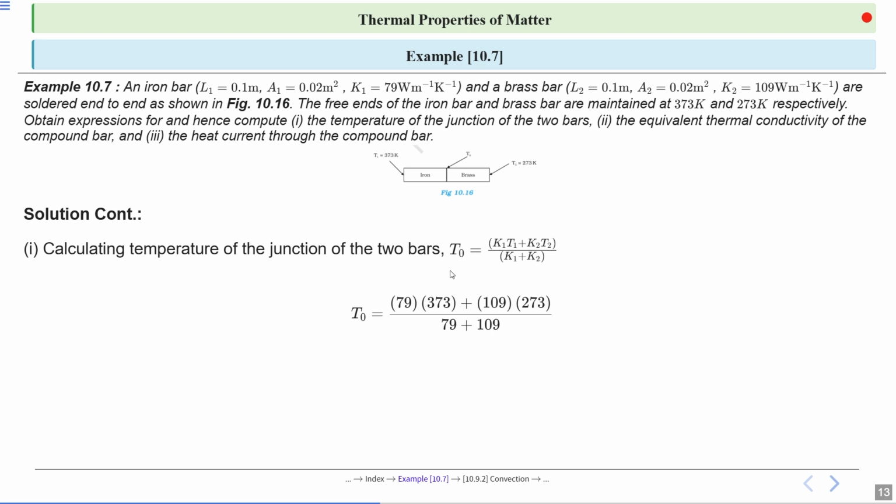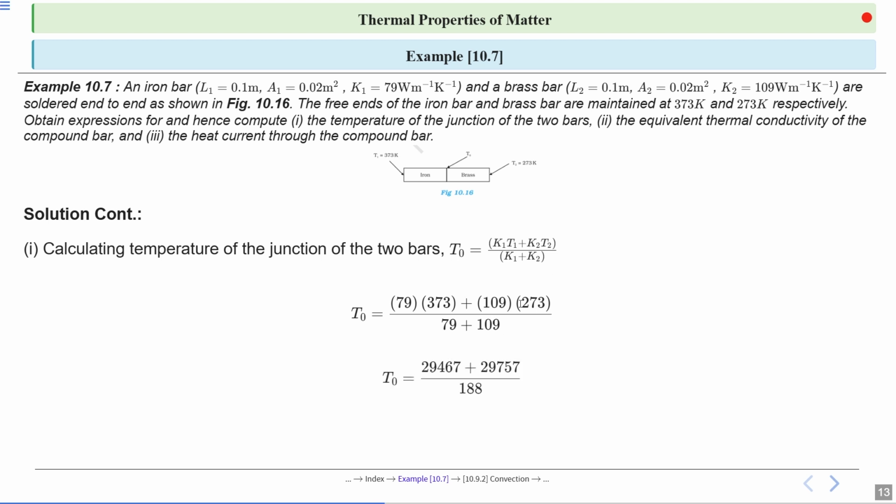You will get T naught is equal to (K1 79 times T1 373 plus K2 109 into T2, that is 273) divided by (K1 79 plus K2 109). All right.